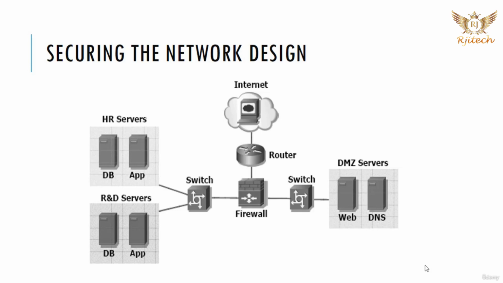This section, the DMZ section, is usually composed of the web, the mail, and the DNS servers and other servers that need to be published to the internet. Of course, we can see here the router that connects the whole network to the internet, and switches that compose the local area network of the organization, and the firewall. The firewall is the only security device we have here.